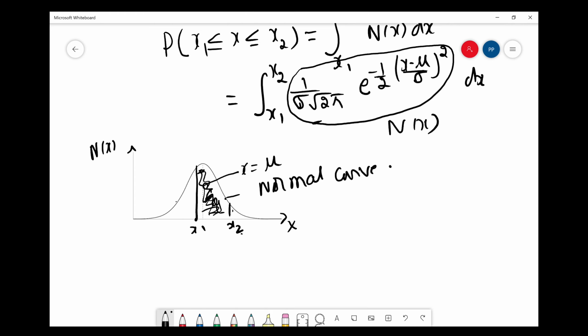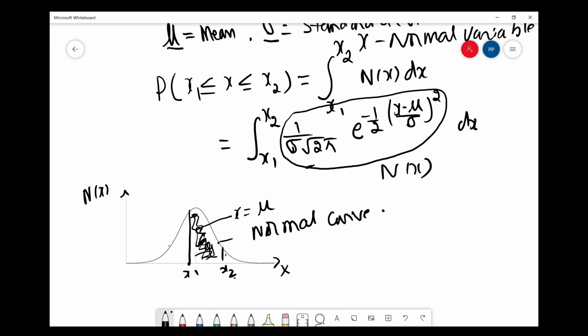Now how do we get that? We can't evaluate this integral directly because this function can't be integrated. That's why we make use of a ready reckoner called the standard normal distribution table, from which we get the value of this integral.